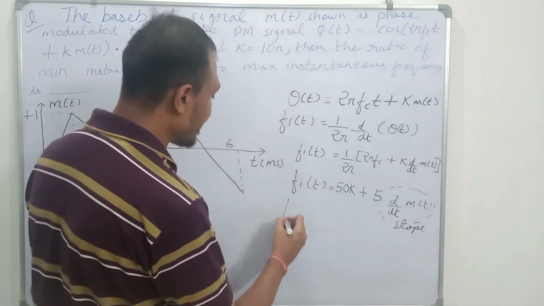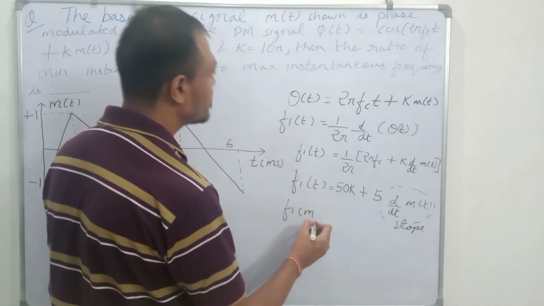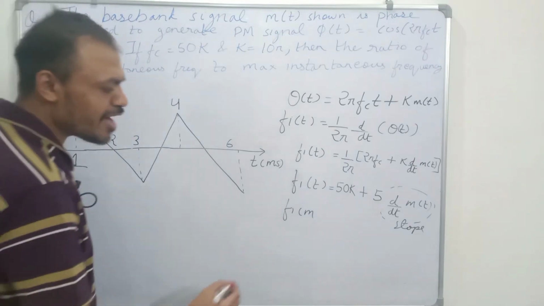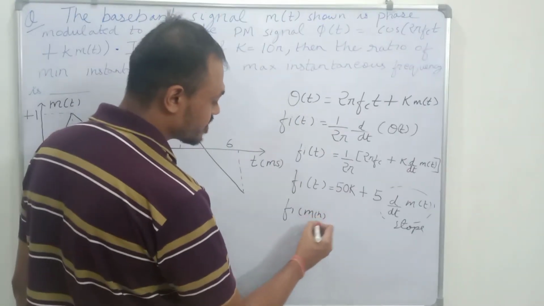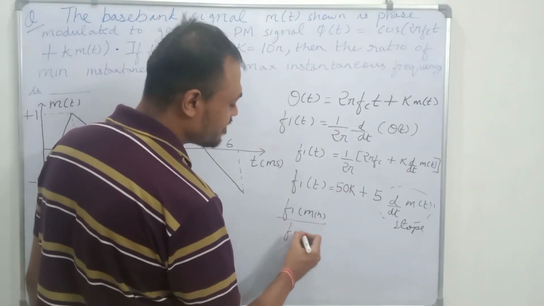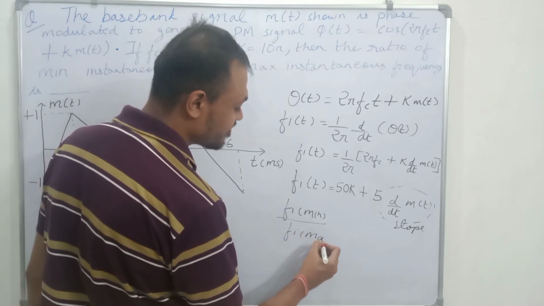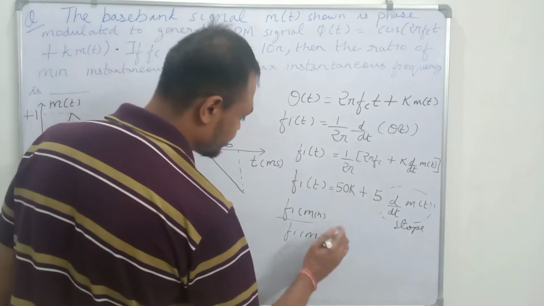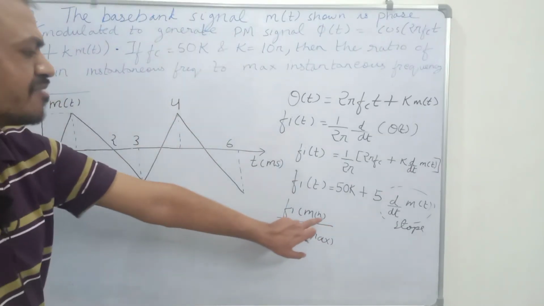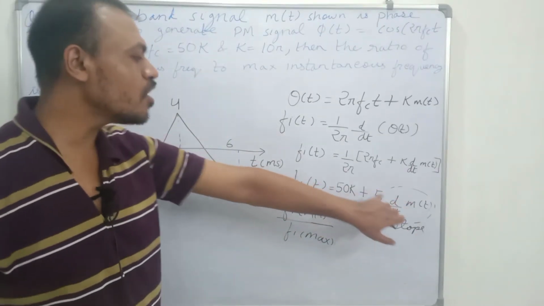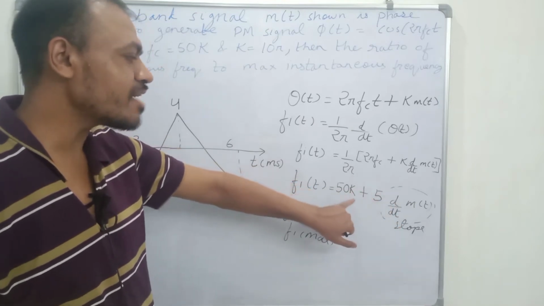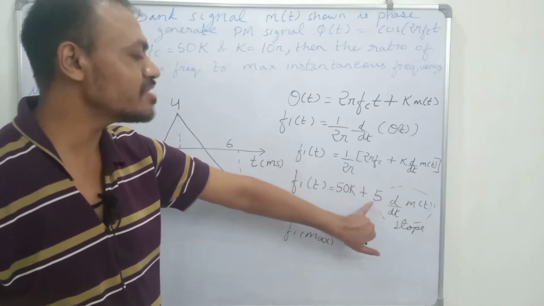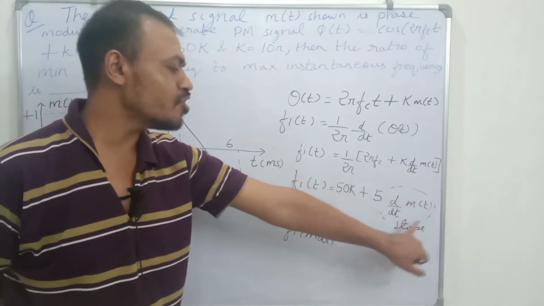So we have to find the ratio of fi minimum to fi maximum. So fi minimum will be obtained when the slope is minimum and fi maximum will be obtained when the slope is maximum, because all the other things are constant. 50k is constant and 5 is also constant. So only the slope can vary.